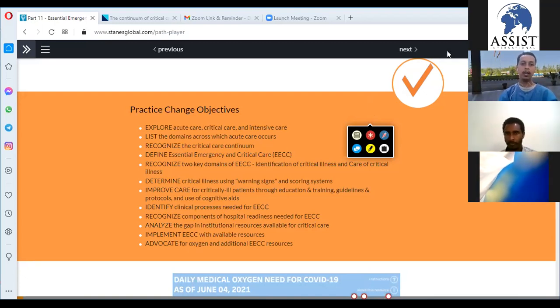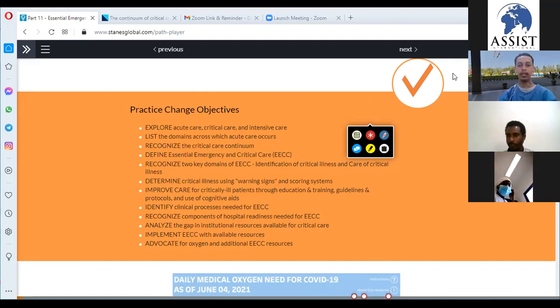We will be able to determine critical illness using different scoring system and warning sign. And based on this, we are expected to improve care for critically ill patients through education, training, guidelines, protocol, and use of cognitive aids. And we will be able to identify clinical processes needed for essential emergency and critical care.